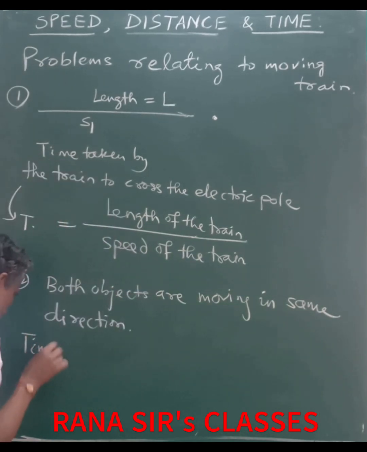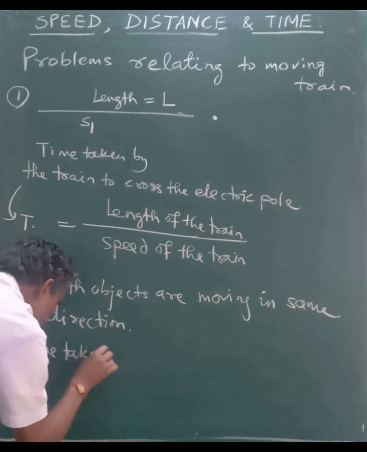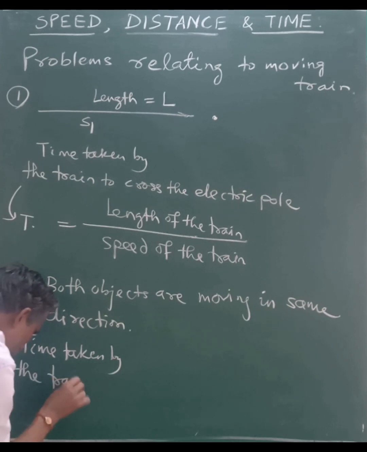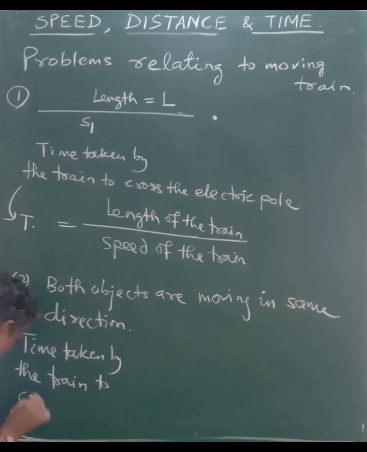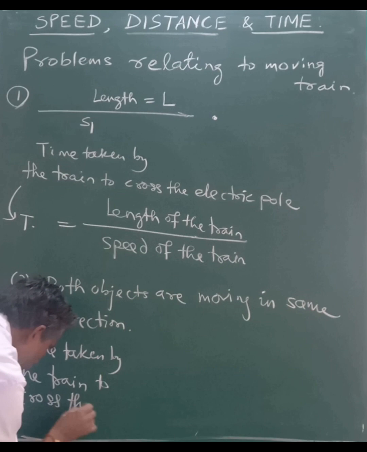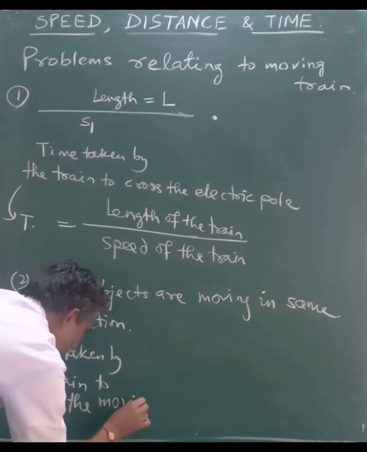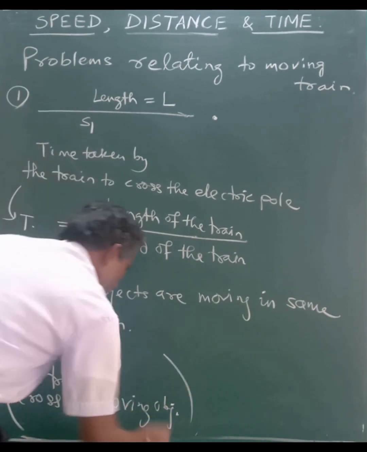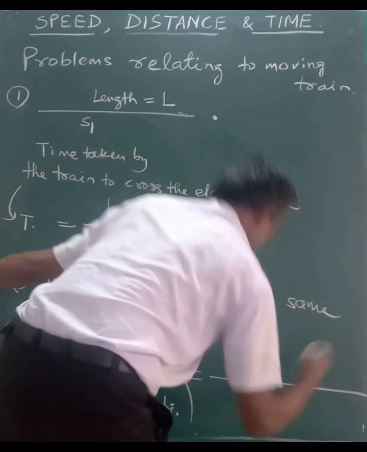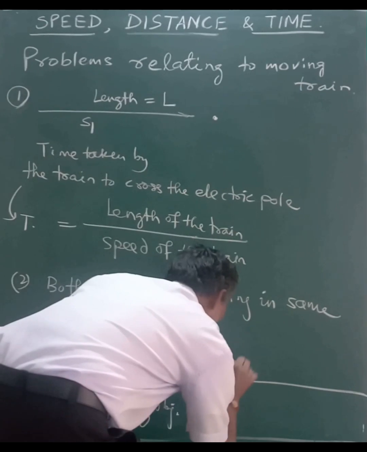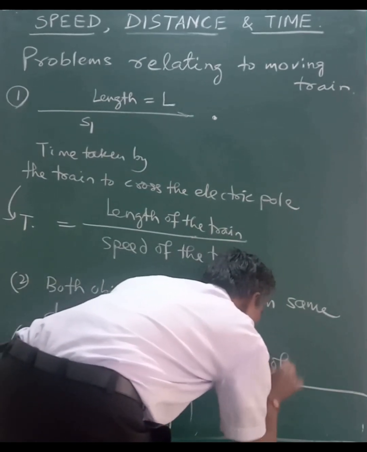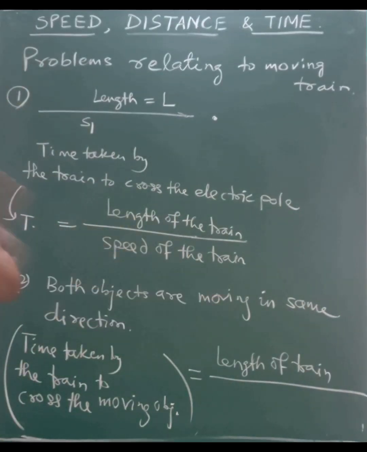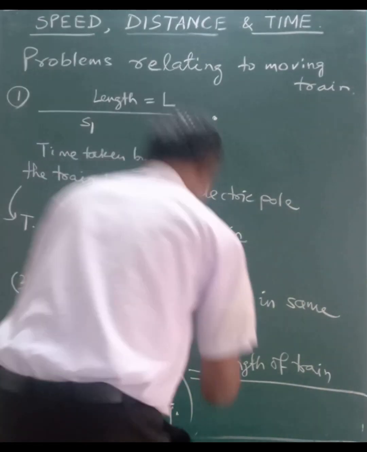Time taken by the train to cross the moving object is equal to length of the train divided by the relative speed of the two.